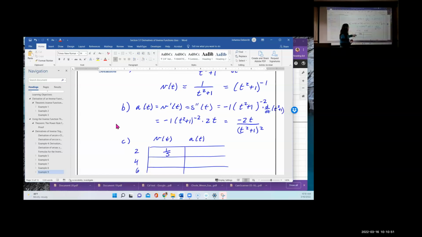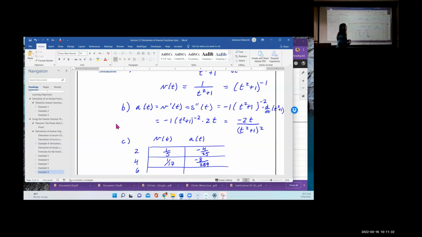When I plug 2 into the acceleration function, I get -4 in the numerator and 5 squared in the denominator, which is 25, so I have -4/25. When I plug in 4 for the velocity, I get 16 plus 1 is 17, so 1/17. And for the acceleration, I get -8 over 17 squared, which is 289, so -8 over 289.